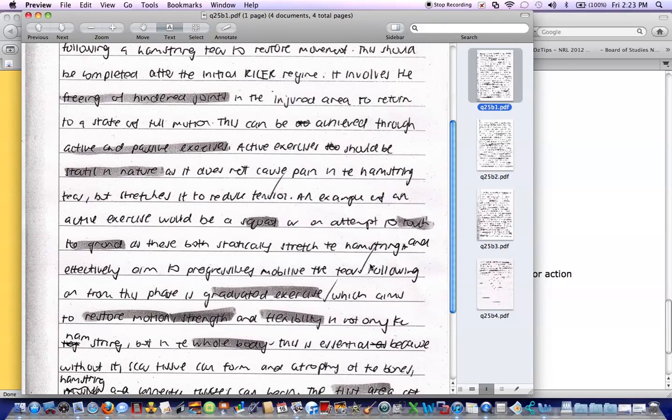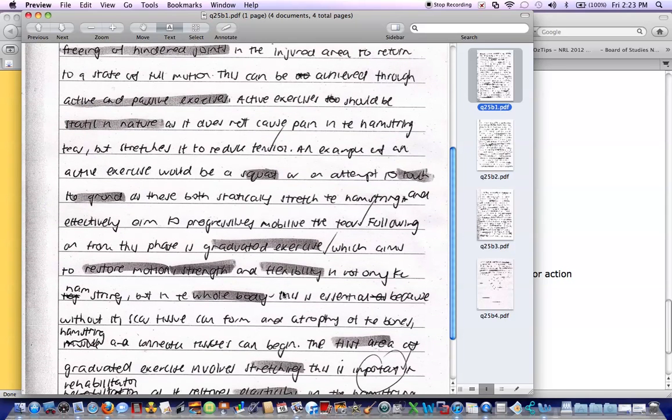And so the last part here talks about the squats or an attempt to touch the ground, as these both statically stretch the hamstring and effectively aim to progressively mobilise the tear, reinforcing the importance of this aspect of the syllabus. Following on from this phase is graduated exercise, which aims to restore motion, strength and flexibility.